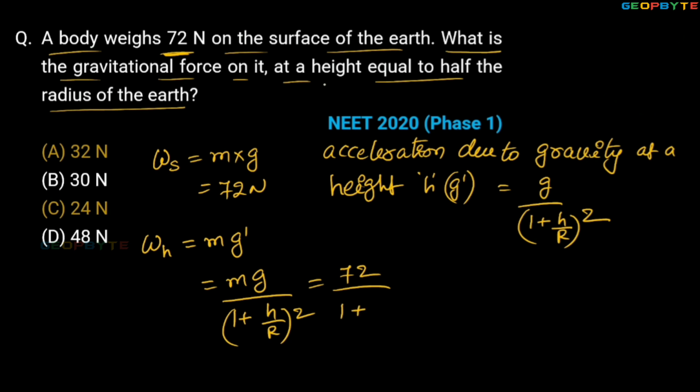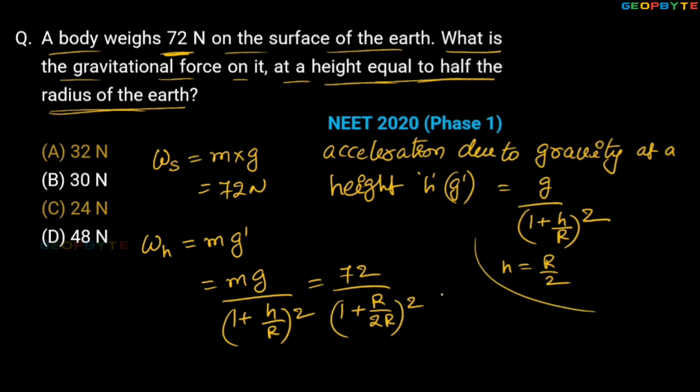It is given that height equals half the radius. We should be very careful. It should be half the radius. H equals R by 2.